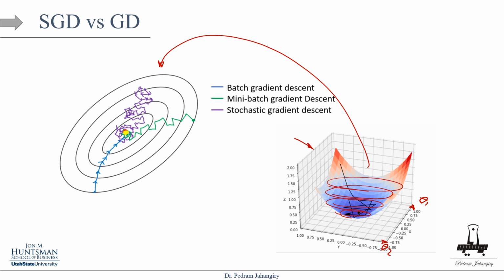The blue one is our batch gradient descent, and let's say the batch size is the entire train set. So I'm using the entire train set here. I start from a random point. Let's say we start from this random point. And we use the entire train set. We find the right direction going down these contours, or going down the surface of the cost function. And because we're using the entire train set, this is going to be an accurate approximation of the gradient, right?